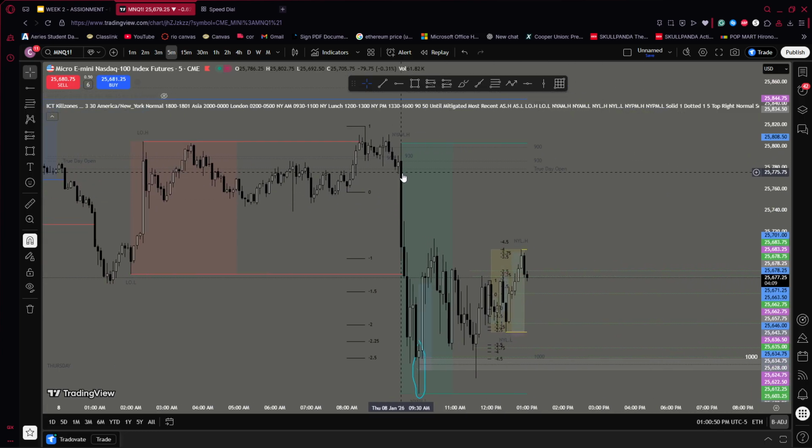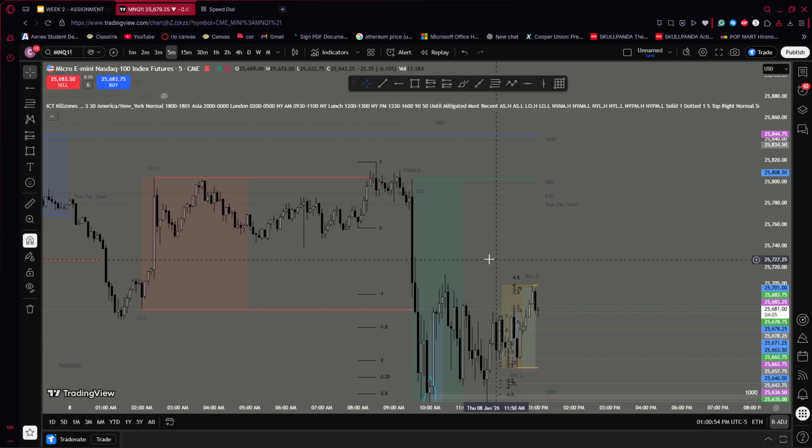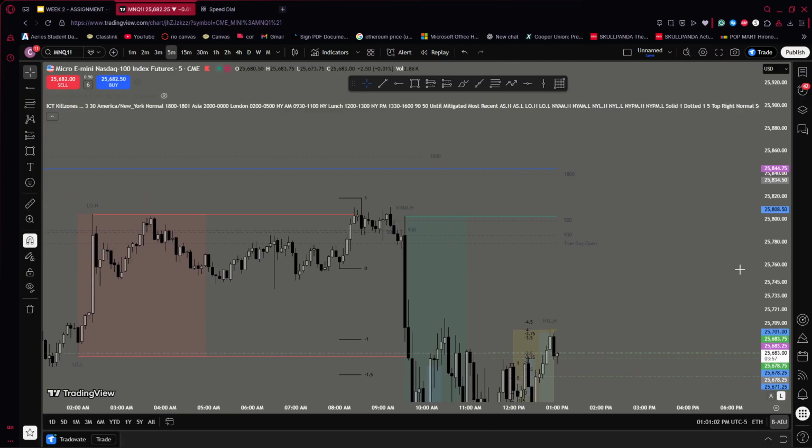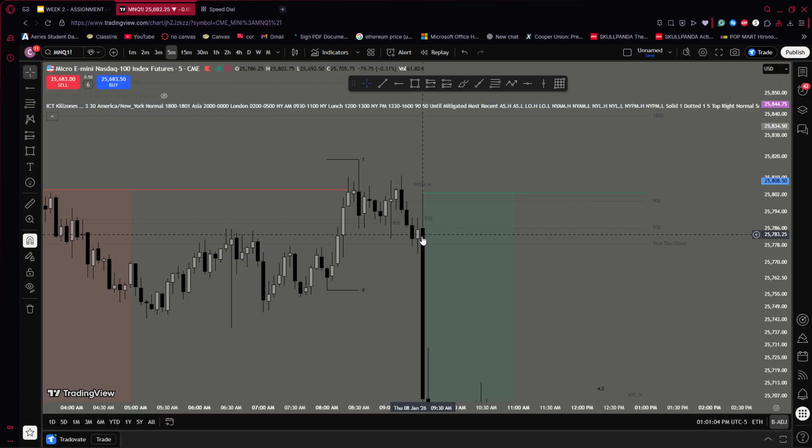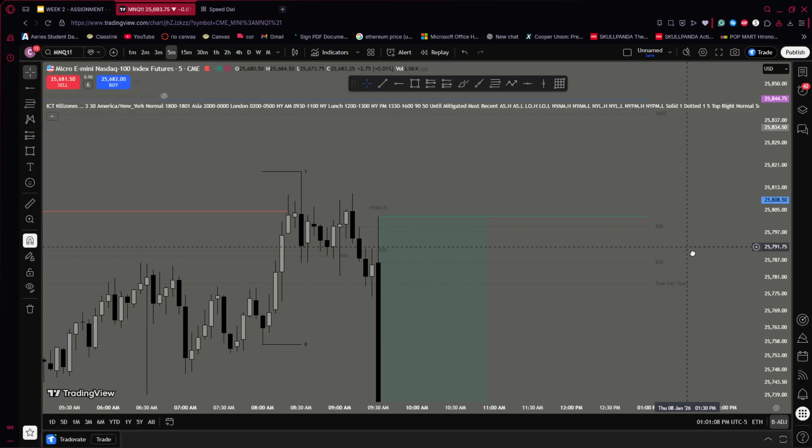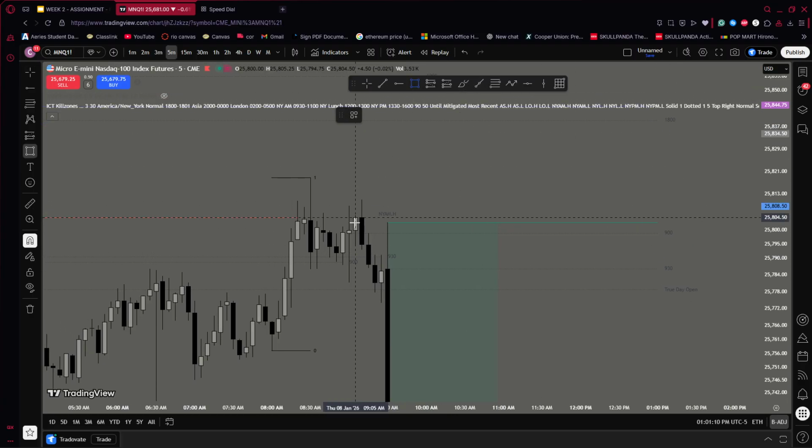Okay, so since I don't trade high volume times, unless it's really clear, for example, I see something that's really nice. When this opened, it went up, you see the wick, and it tapped into this CISD right here.